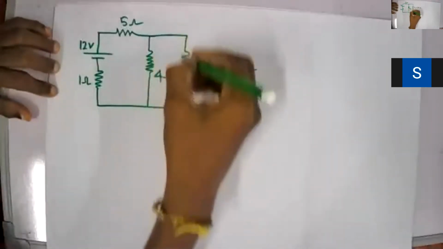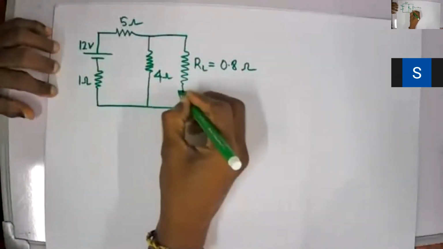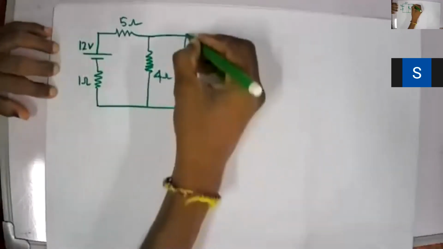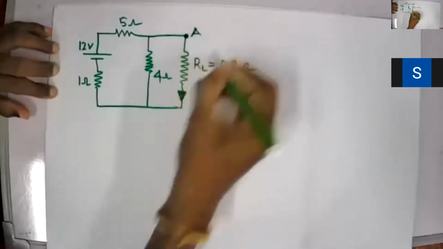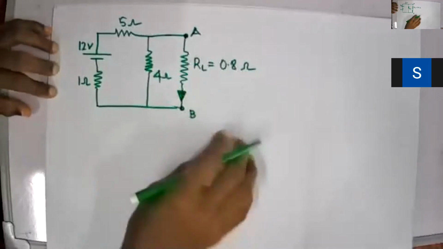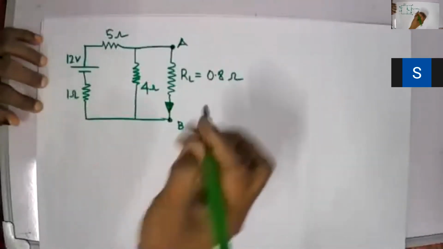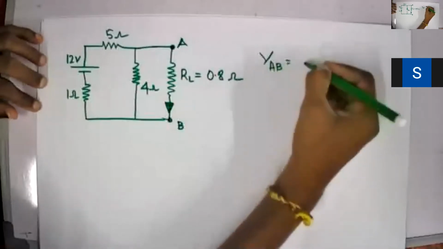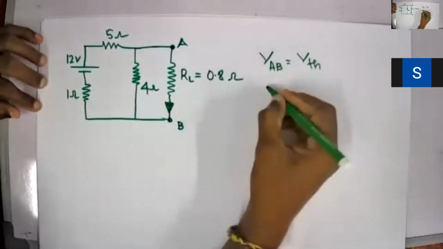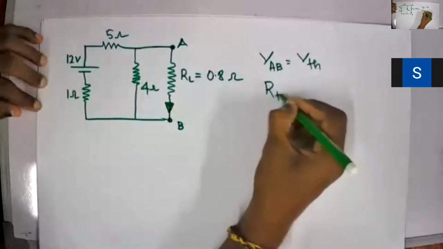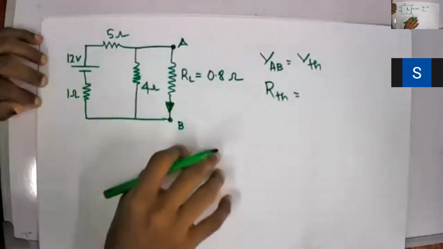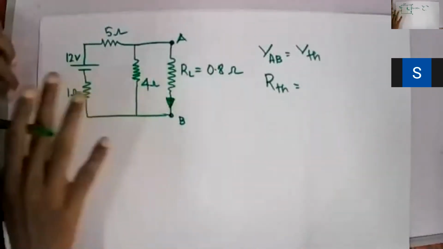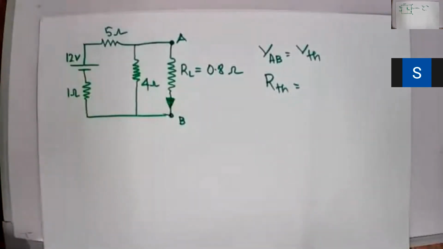The question is to calculate the current through this R, which is 0.8 ohm. This is point A and point B. You guys start working now. I need VAB, which is equal to VTH, and then RTH. I give you 3 minutes. You can try it yourself and send me the answer through chat.